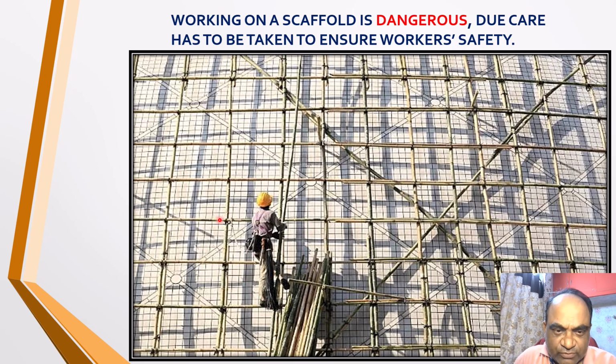In case of any fall, the scaffold lanyard can help in protecting his life. So there will not be a free fall. The fall will be arrested by the lanyard of his full body harness. This is essential when a worker is working at height.